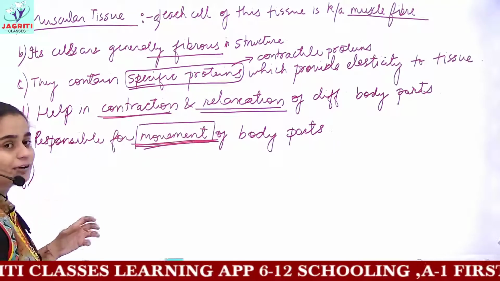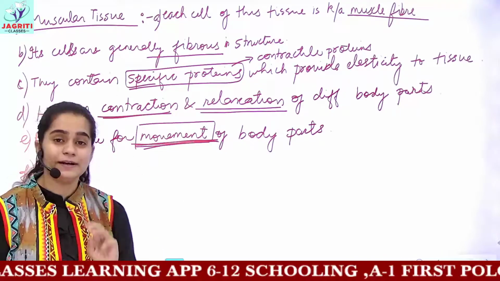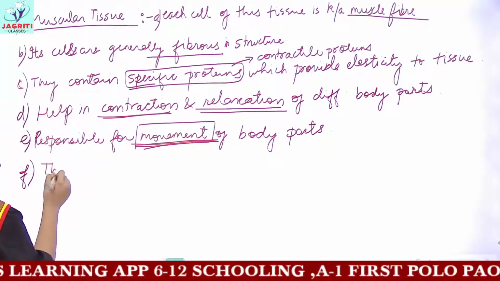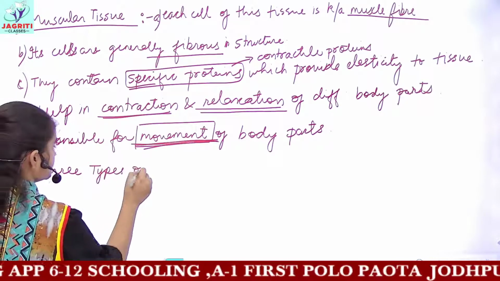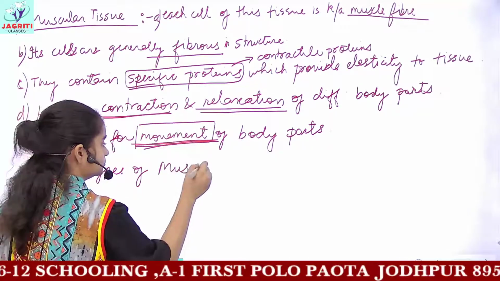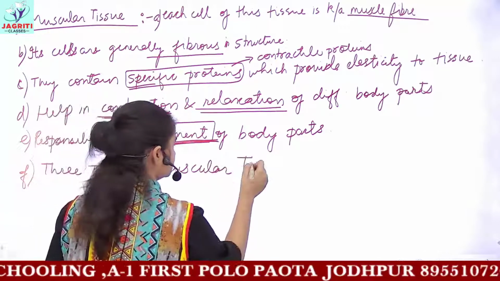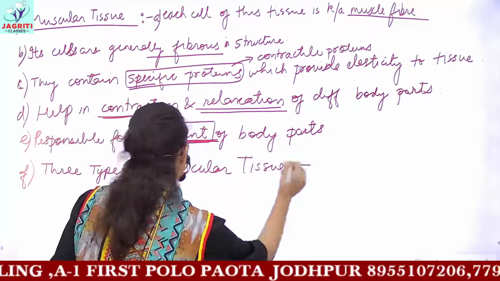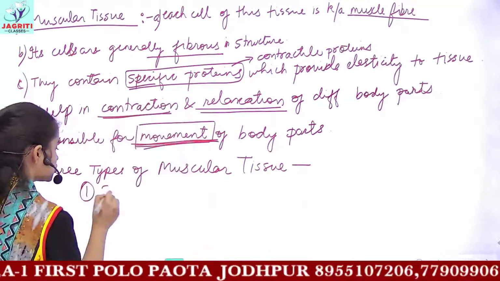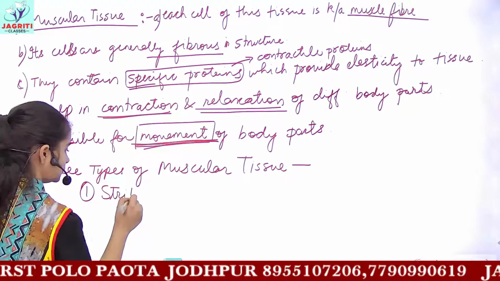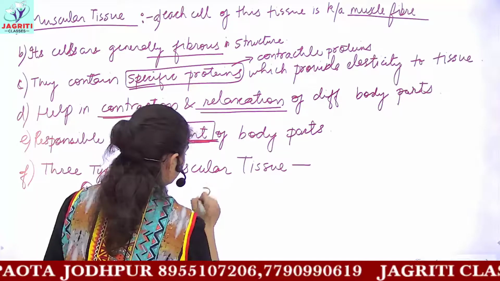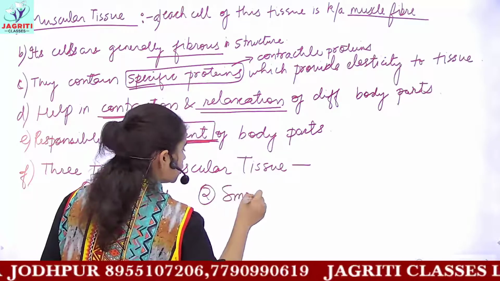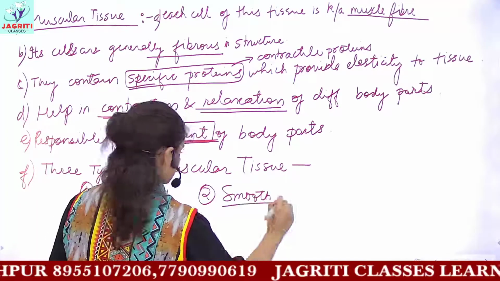Now next, you can classify this muscle into 3 different categories. So you have 3 types of muscular tissue. The first one is striated muscular tissue. The second is smooth muscles or smooth muscular tissue.